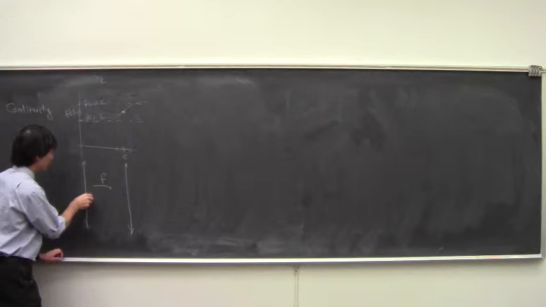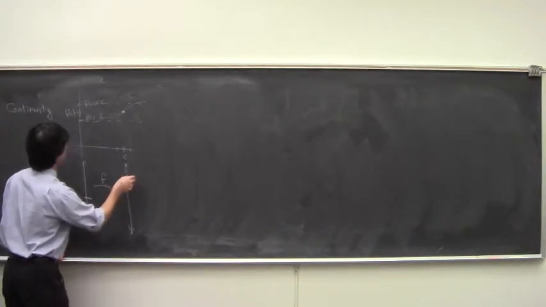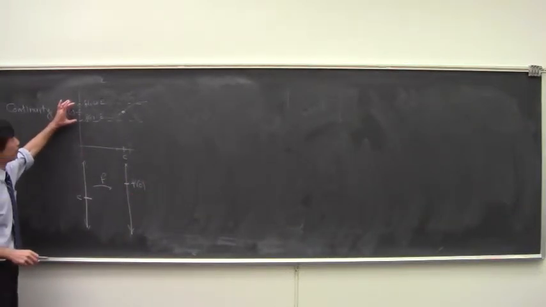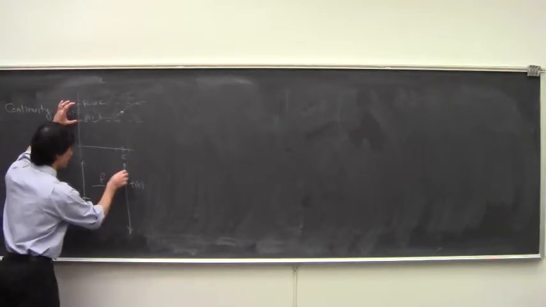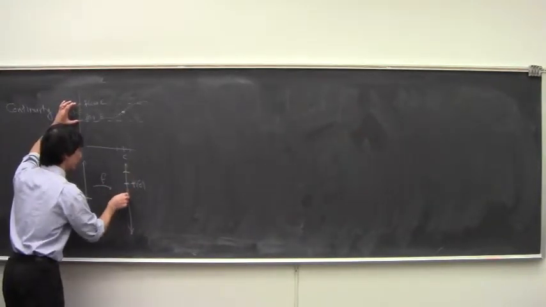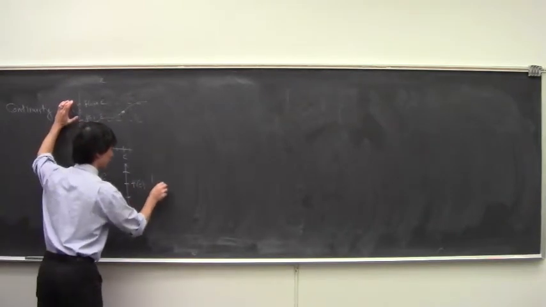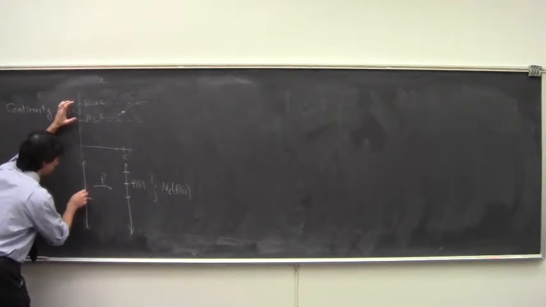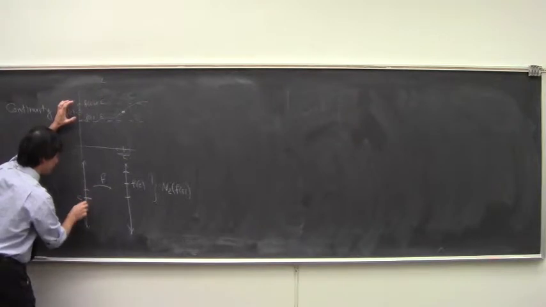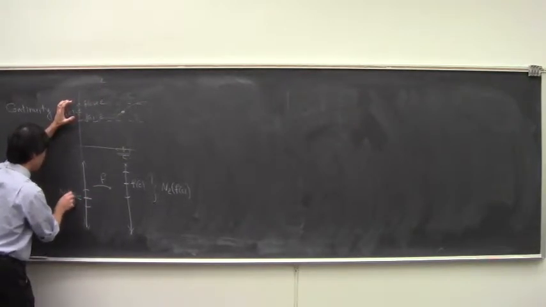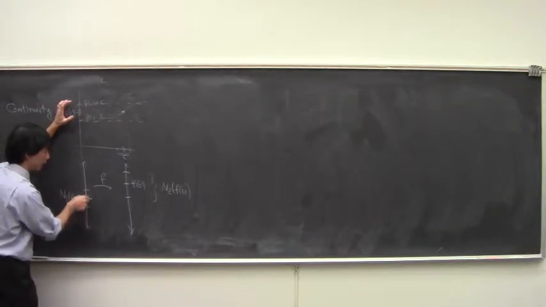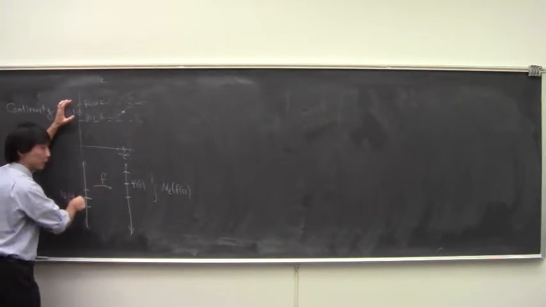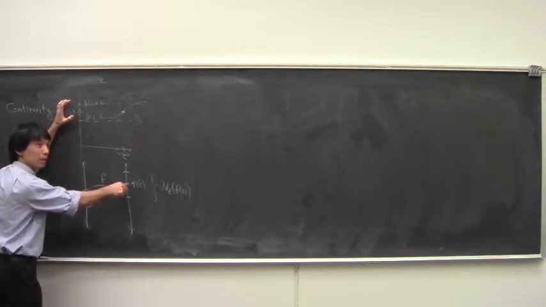Here is C, and here is f of C. The game we're playing is this: somebody gives you a neighborhood of f of C, and we were able to find a corresponding delta neighborhood of C where everything in that delta neighborhood got mapped into the epsilon neighborhood, right?